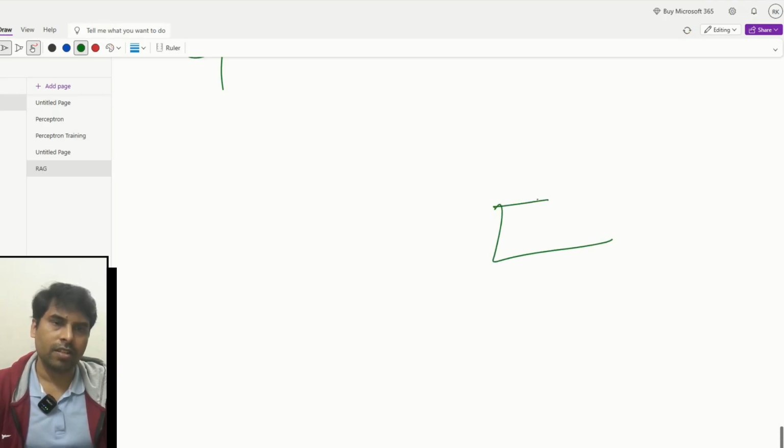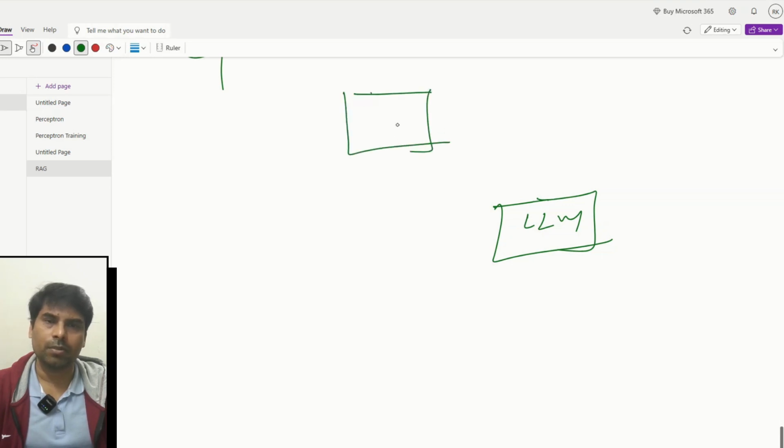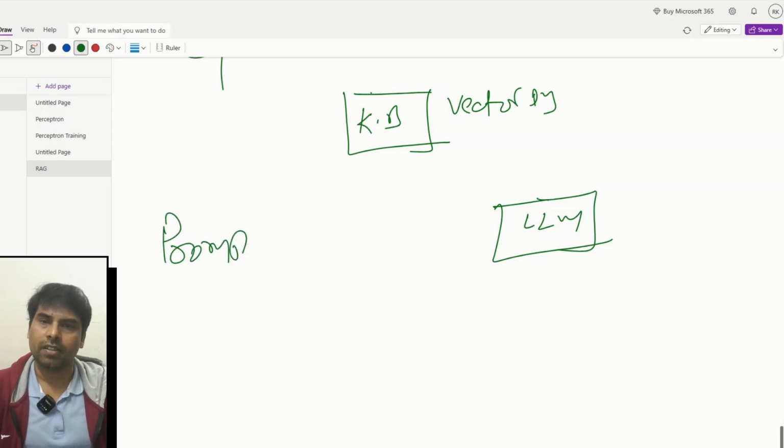So this is my LLM now. And let's suppose this is my vector database. I'm just writing components. Suppose this is my knowledge base, my KB, or you can say my vector DB. It has all the documents. I'm writing a prompt here. Step number one, it will go to the knowledge base if you're sending any query, and it will give you back documents, suppose D1 and D3.